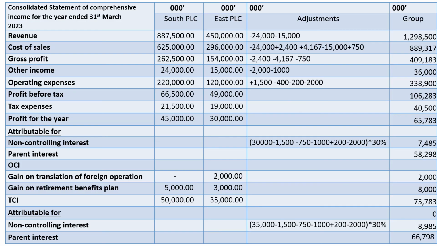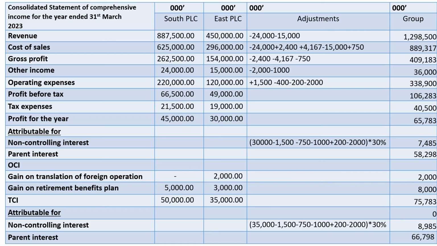Now you can see the consolidated statement of comprehensive income. Here you can see individual companies' balances as well as the adjustments, and finally how we have obtained the group balance.